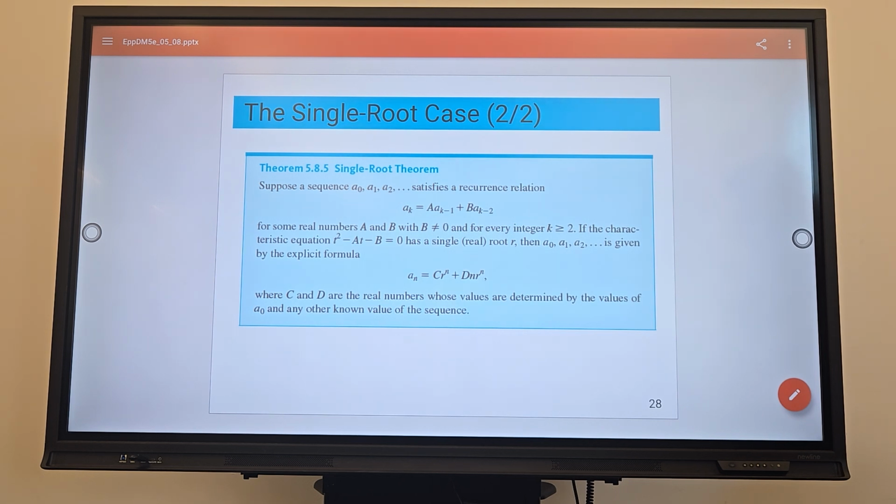If the characteristic equation t squared minus at minus b equals 0 has a single real root r, then the sequence A is given by the explicit formula a sub n equals c times r to the nth power plus d times n times r to the nth power, where c and d are real numbers whose values are determined by the values of a0 and any other known value of the sequence.